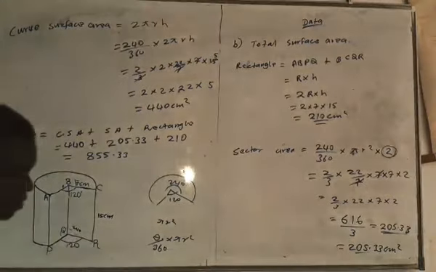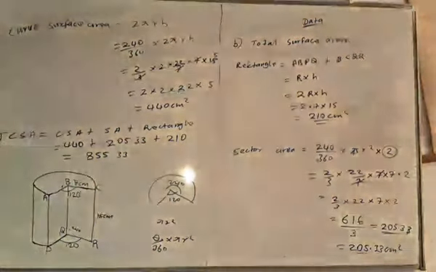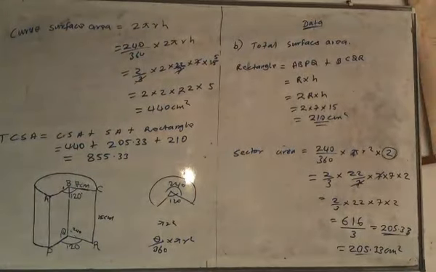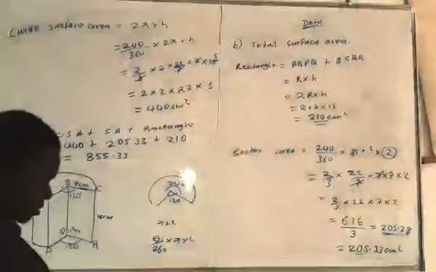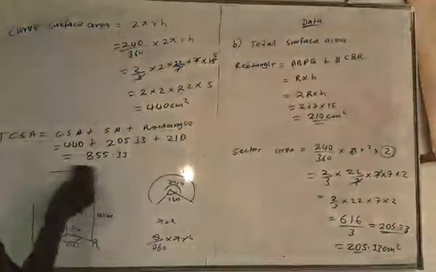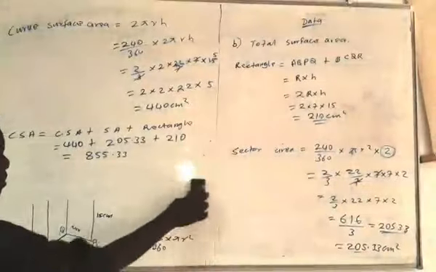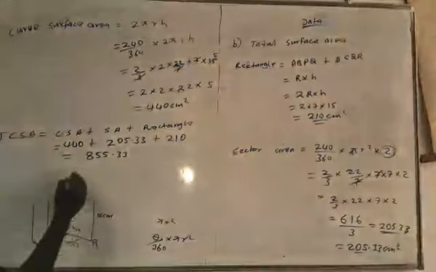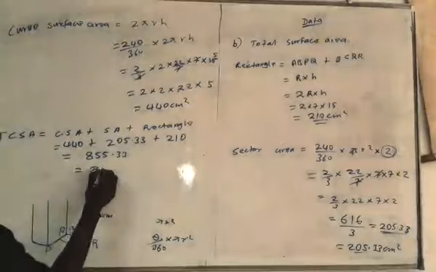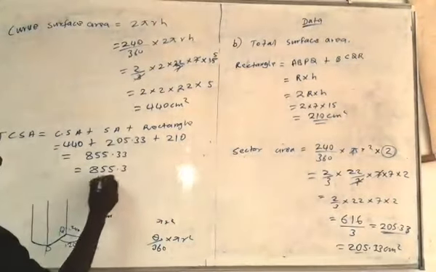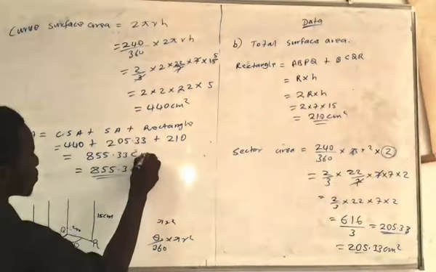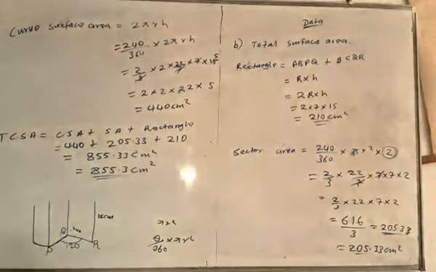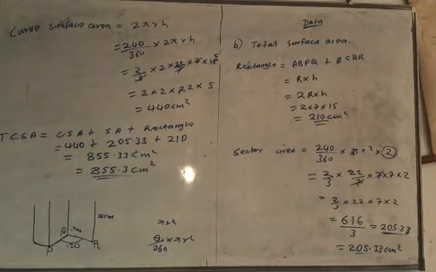But if you remember from the instruction, it says calculate correct to 1 decimal place. So that will give us 855.3 centimeter squared. So this is the total surface area of this solid.